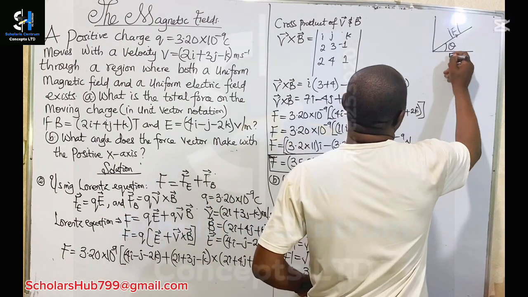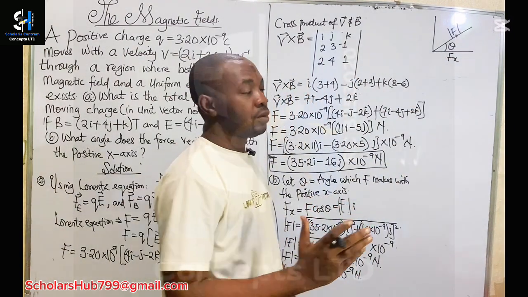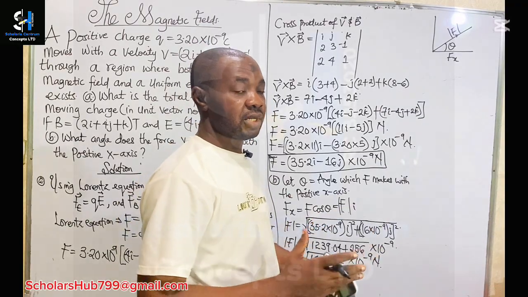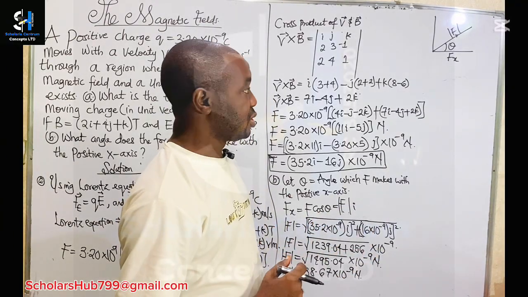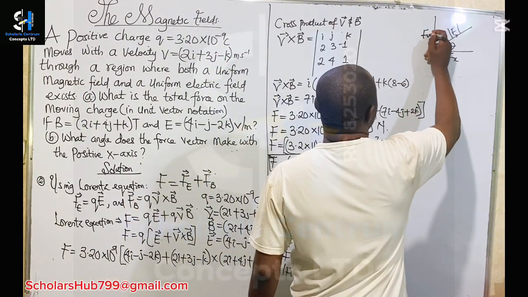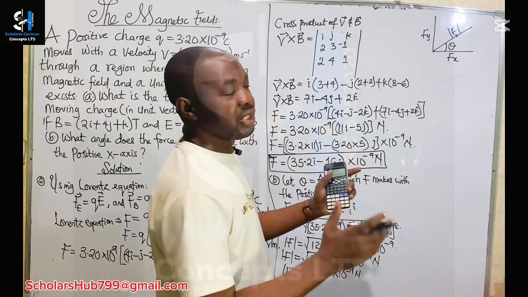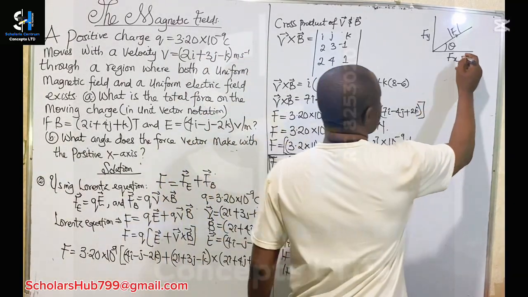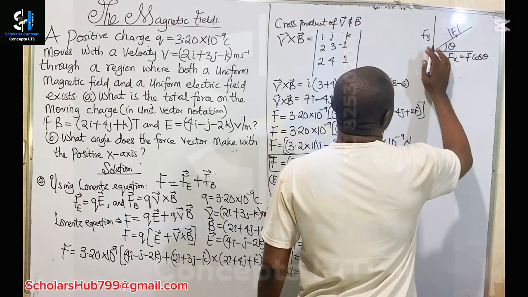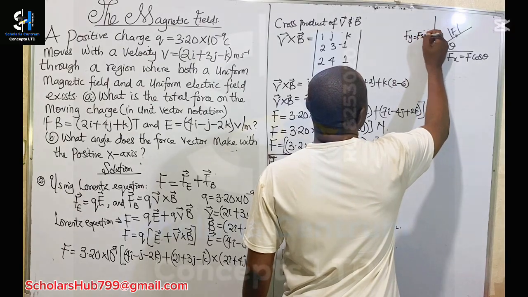Then we have f of x, which is the force on the moving charge along the positive x-axis, and we also have the force along the y-axis. By the principle of resolution, f of x will be f cos theta, and f of y will be equal to f sine theta.